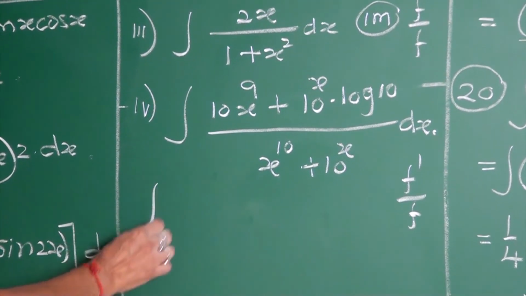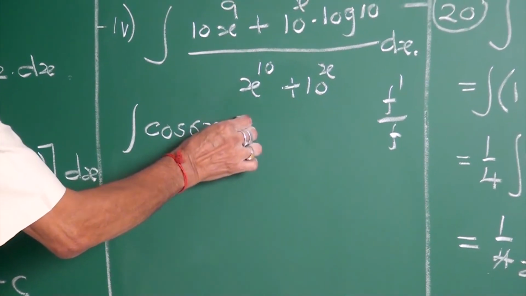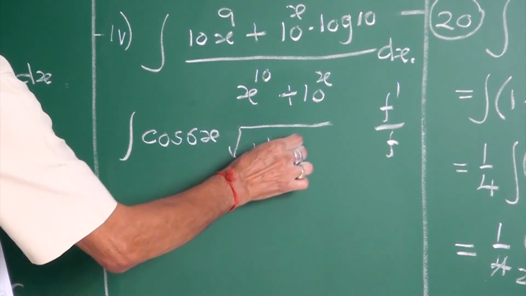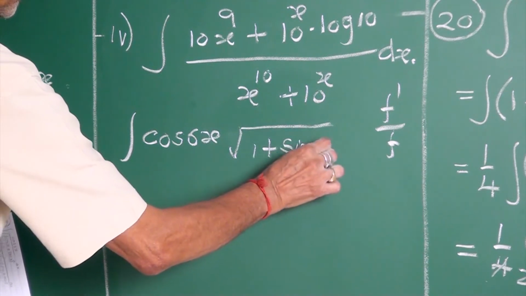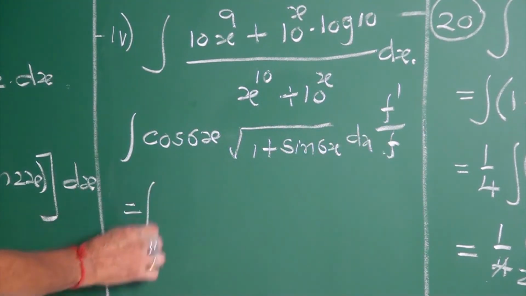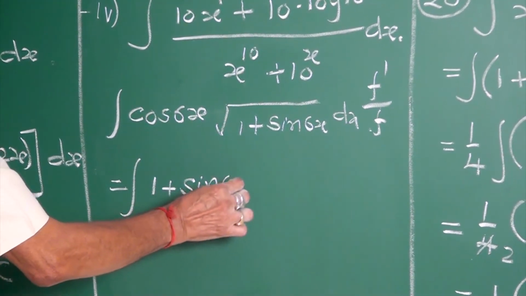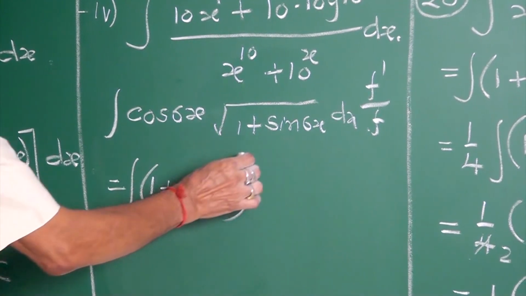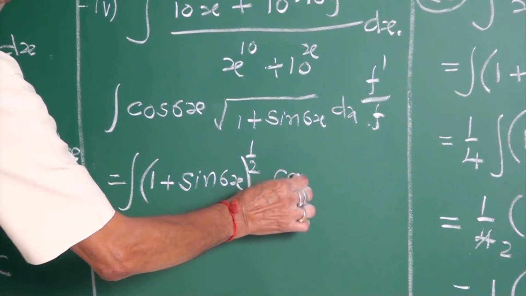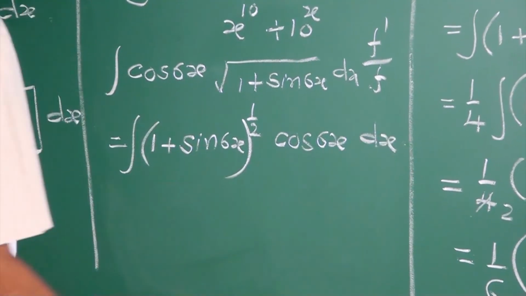Next, this is the integral of 6x into square root of 1 plus sine 6x dx. This also you write the same way. It is 1 plus sine 6x to the power 1 by 2, into cos 6x dx.